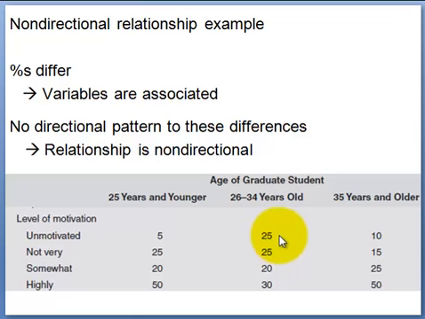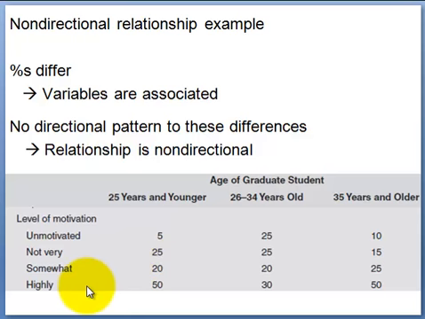But on the other hand, as we go from the middle age group to the oldest age group, the percentage decreases. So we've got a change in percentages here, but it's not in the same direction. It's not constantly going up. First our percentages went up and then they went down.